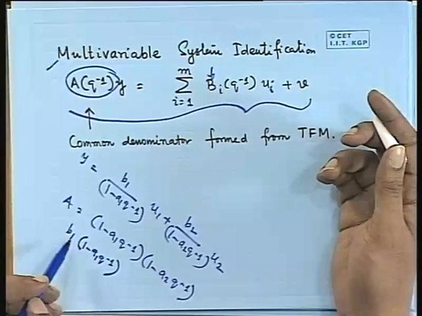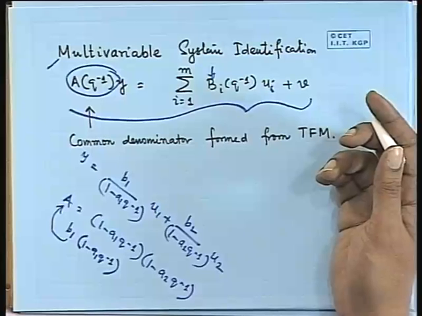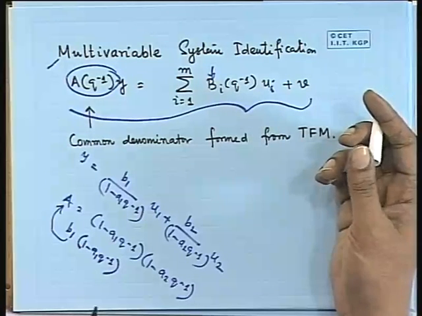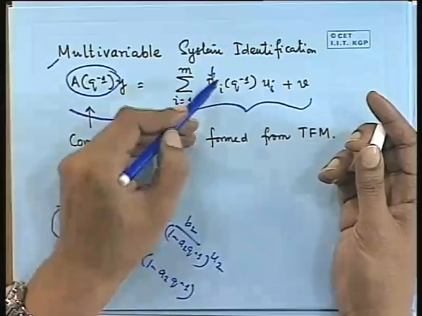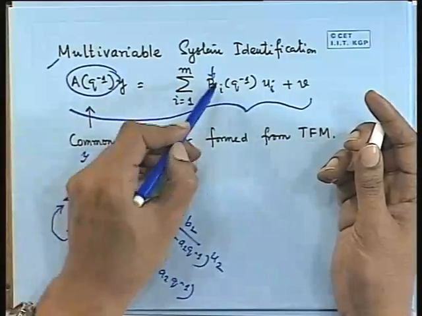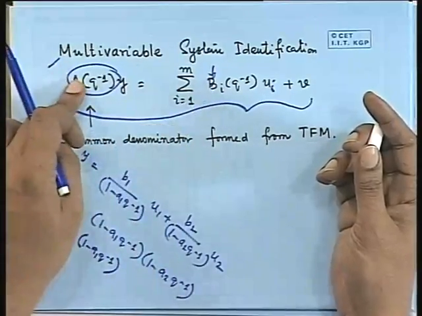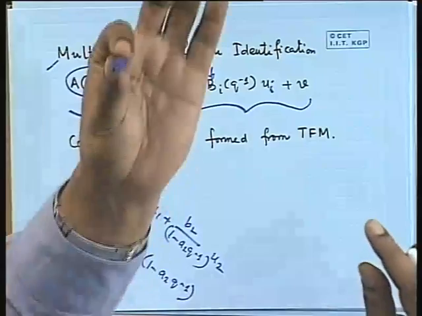Note that in that case, this and this will have a common pole. Yes, it will have. But all these parameters, that is capital B1, capital B2 and A, will not have one common factor.